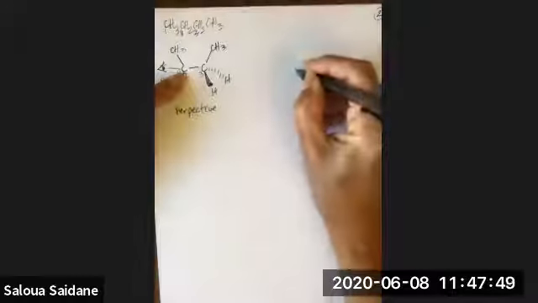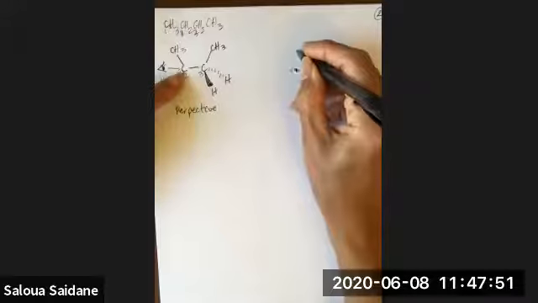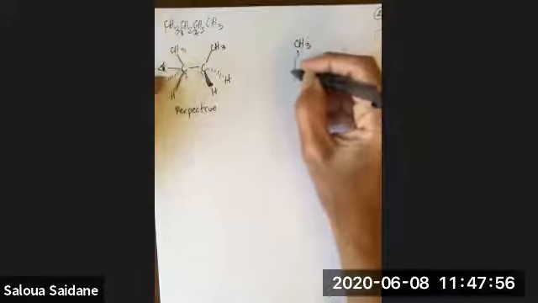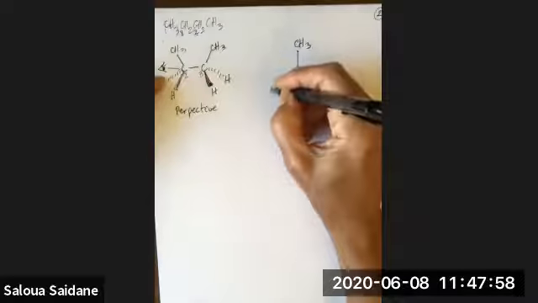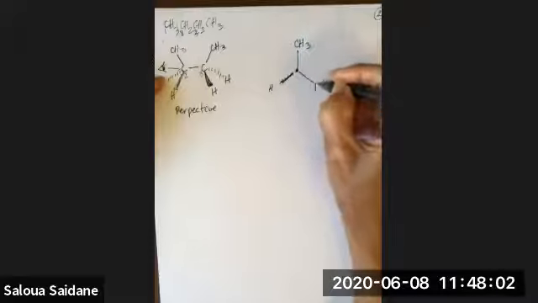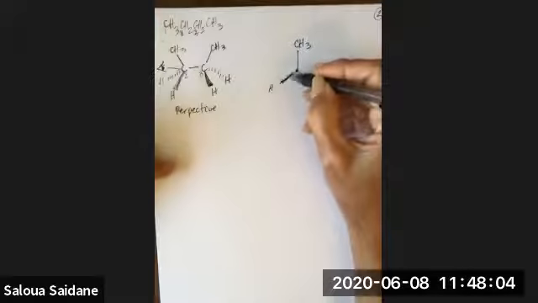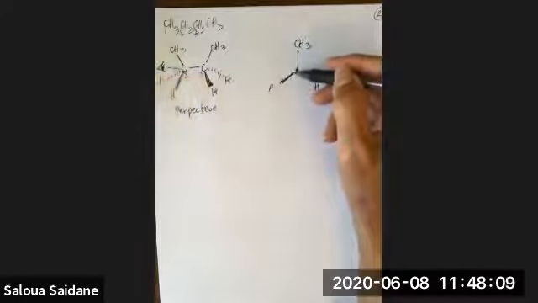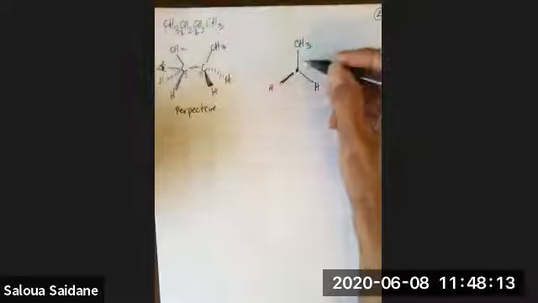The front carbon would be a dot, and on the top there's a CH3. Then to the left there's this H, and then the other wedged H. I put the dash on purpose to show you it's not really dashed now, because I'm looking at it from the front. So all these three are in the same plane in front of me.